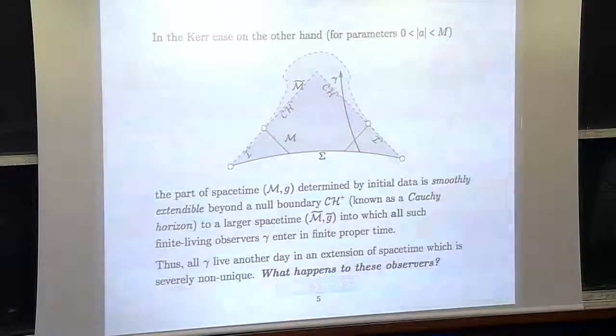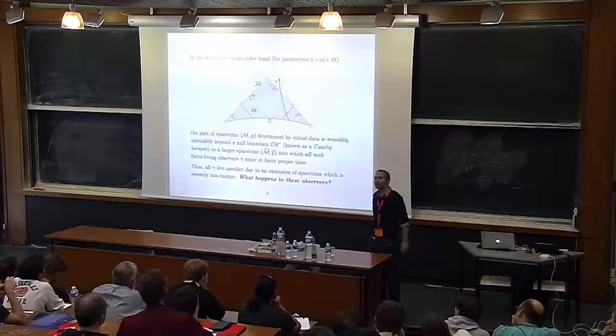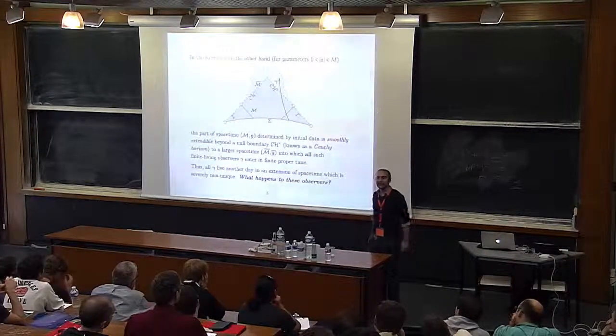But in the Kerr case, we have these observers who go AWOL and are unaccounted for. The bureaucracy doesn't like that type of thing. And neither does physical theory, because we want our physical theory, like bureaucracy, to account for everybody.